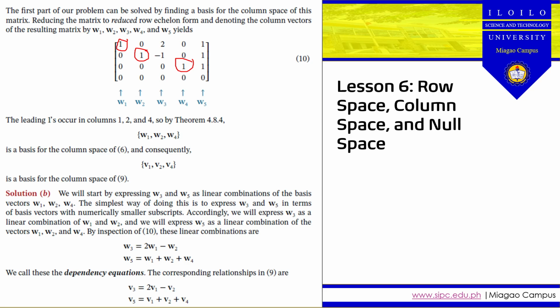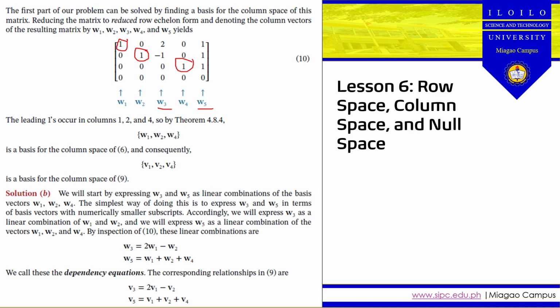For solution B, we will start by expressing w sub 3 and w sub 5 as linear combinations. The simplest way of doing this is to express w sub 3 and w sub 5 in terms of basis vectors with numerically smaller subscripts.